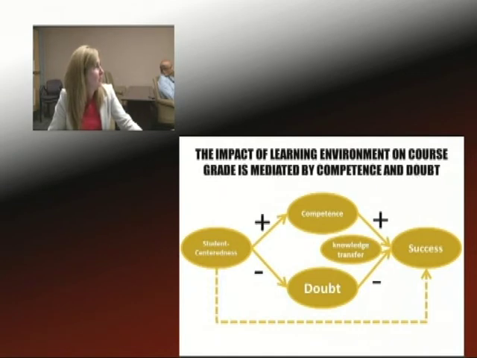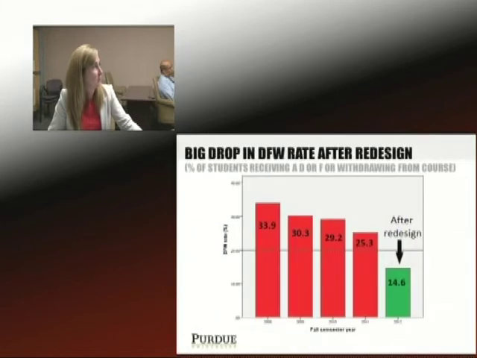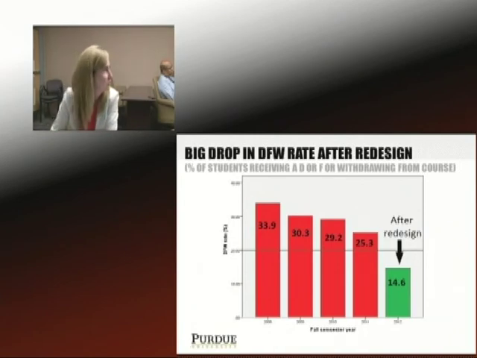DFW rate, huge drop. Now she's under 20%, and it was an average of 20%, but she had semesters where it was really high, 33%. That class was just a really difficult class, I think because of the variety, the diversity of the students in that class. They also like the course better. So the students are also much happier, much more engaged in the course.